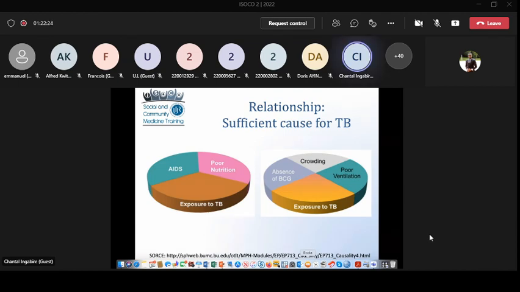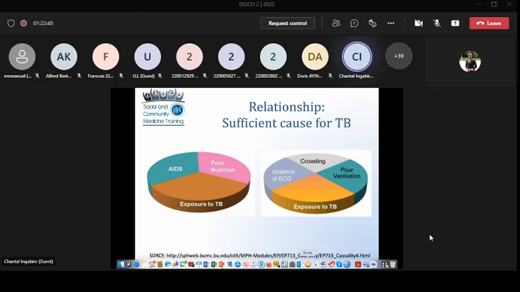So having a disease might not always be explained in the same way for different people. Someone might be exposed to TB, not because they have HIV and AIDS, not because of poor nutrition, but because, for instance, they have not been vaccinated.